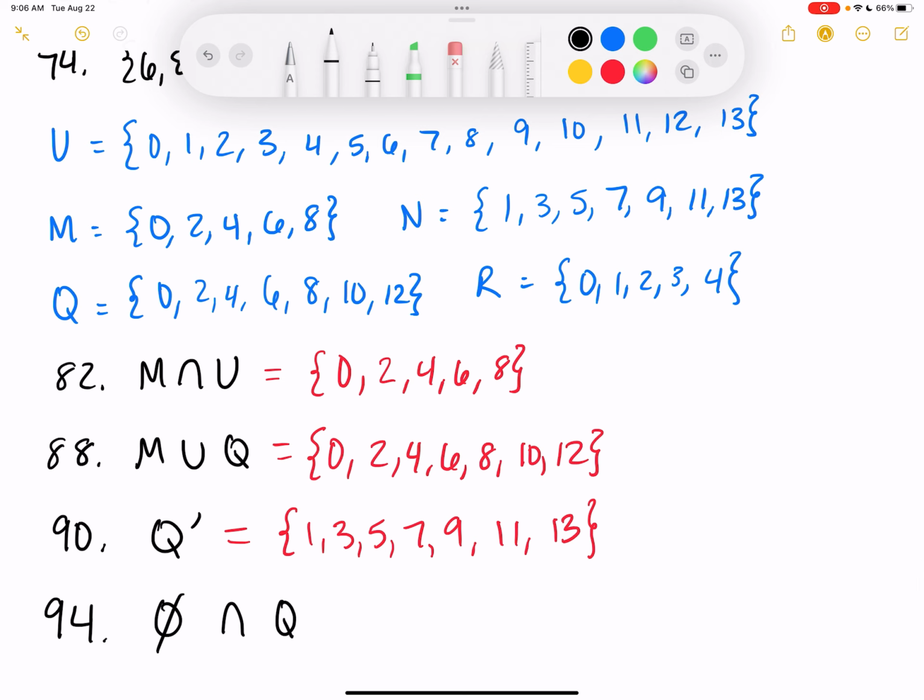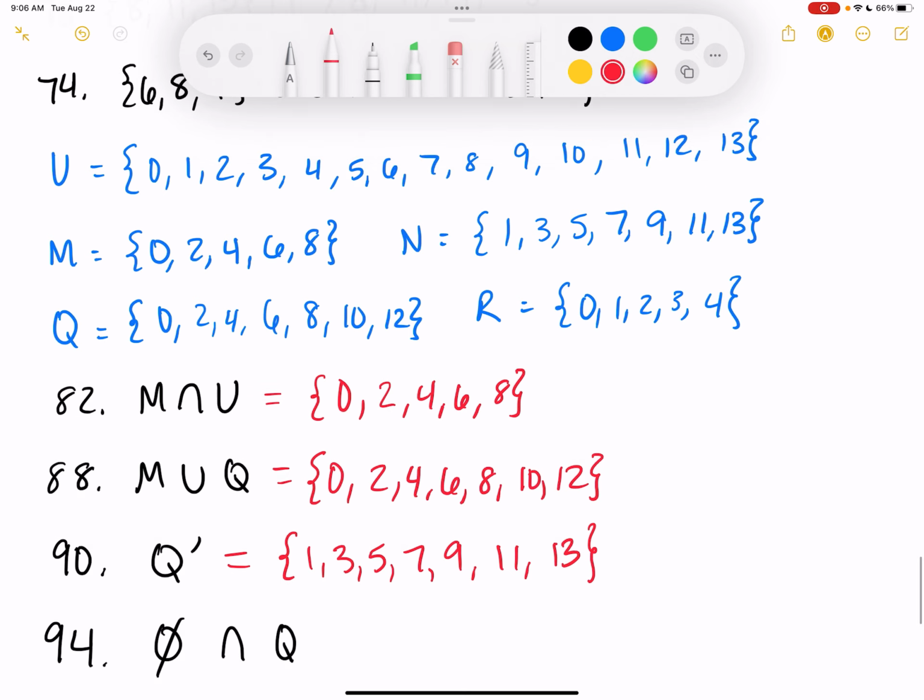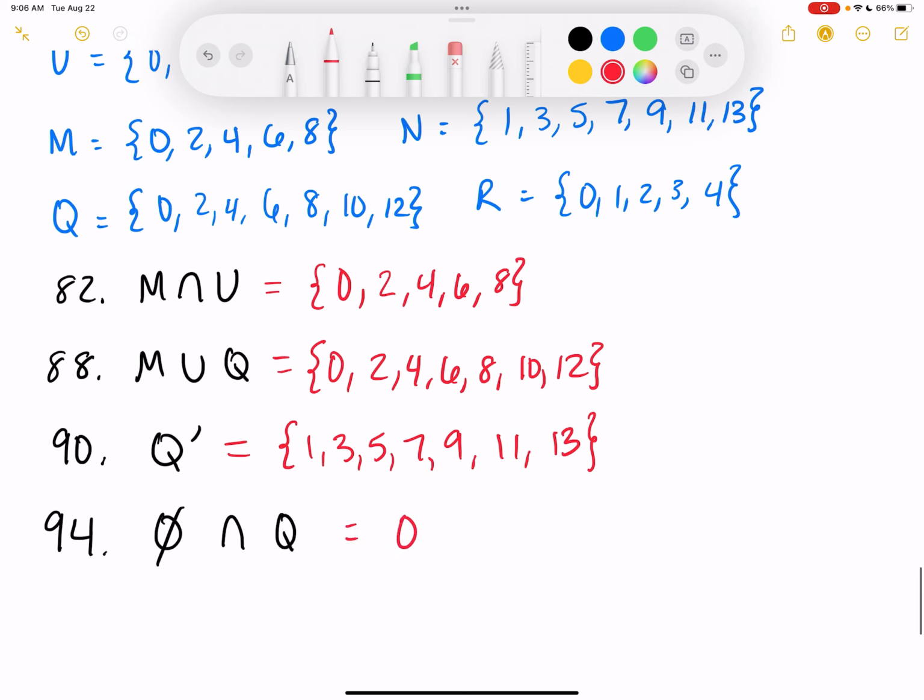Everything in both. So is there anything that overlaps in the empty set and set Q? No, because the empty set has nothing in it, so there can't be anything that overlaps. So we would write this as the empty set, and it would be called disjoint.